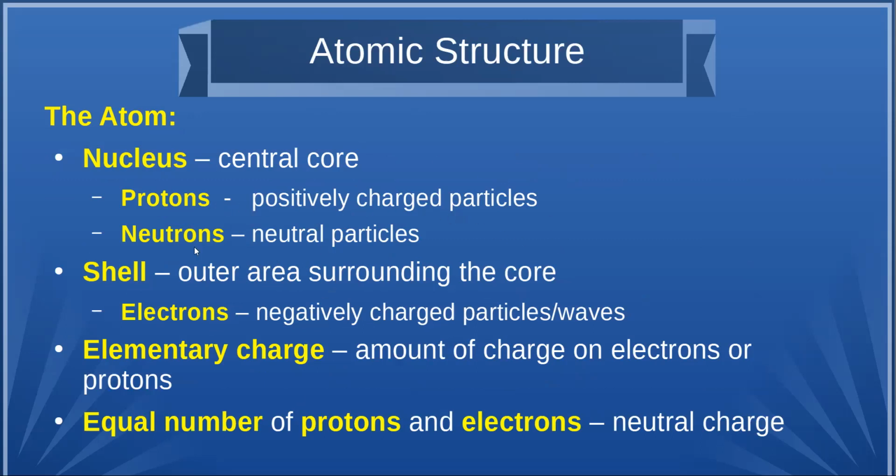So the net result is a neutral charge on the atom. When it becomes an ion, by getting an extra electron or losing an electron, then it becomes either a positively or negatively charged ion.